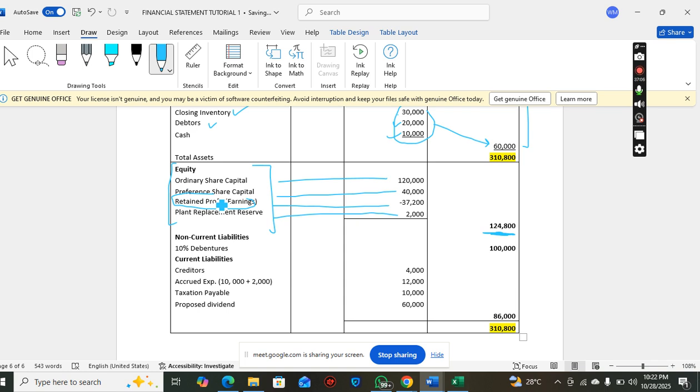You have to follow the order. You can't start the statement of profit or loss jumping the trading account, or start the balance sheet jumping the statement of profit or loss and trading account. Neither can you start the cash flow statement jumping the income statement and balance sheet.